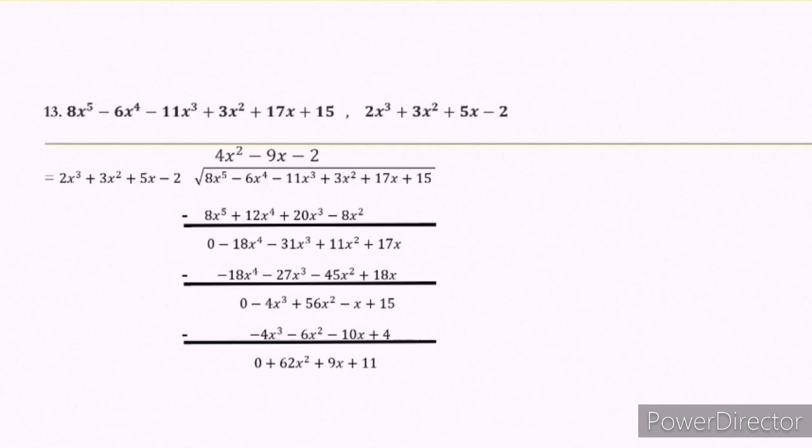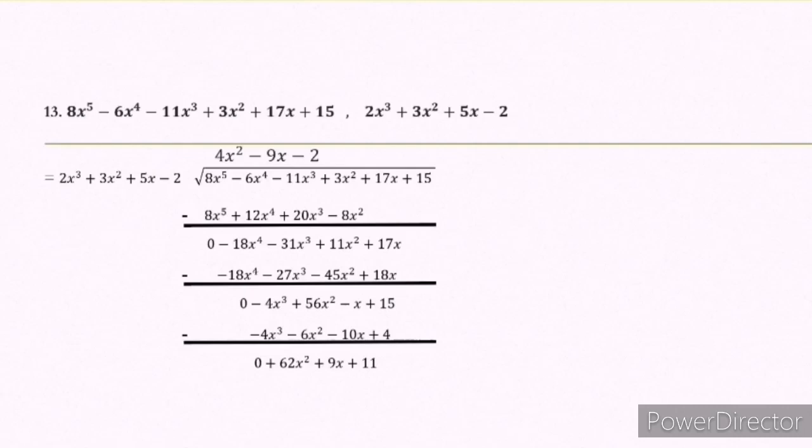Subtract 8x raised to 5 plus 12x raised to 4 plus 20x cubed minus 8x squared is equal to 0 minus 18x raised to 4 minus 31x cubed plus 11x squared plus 17x.